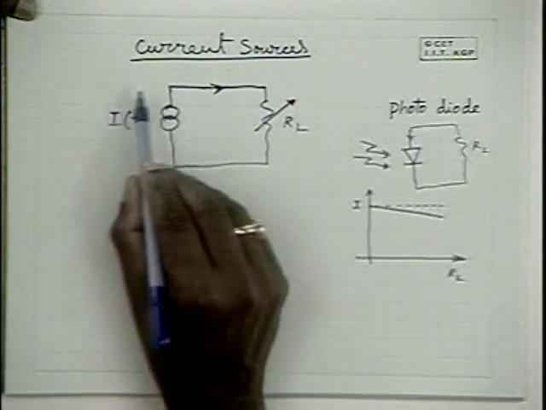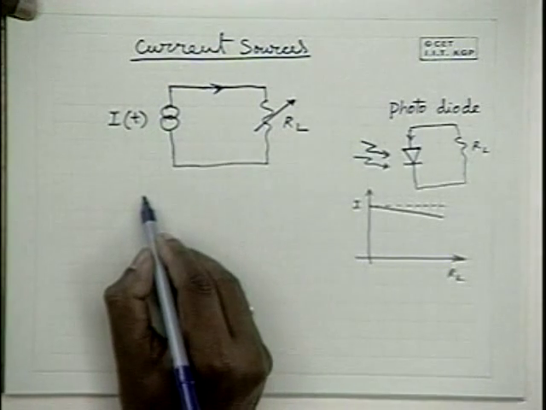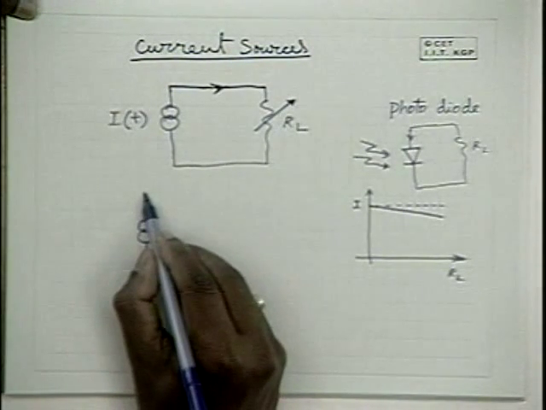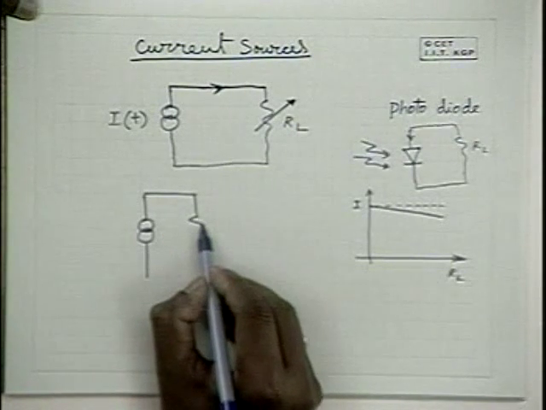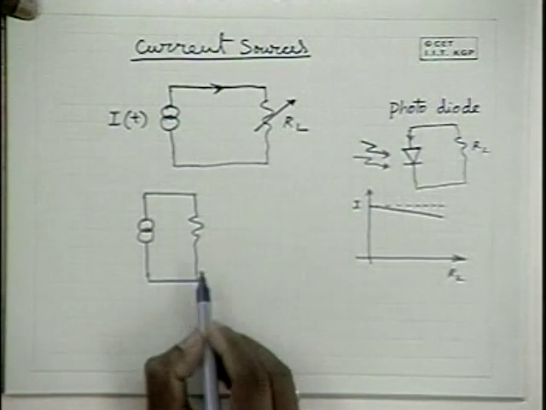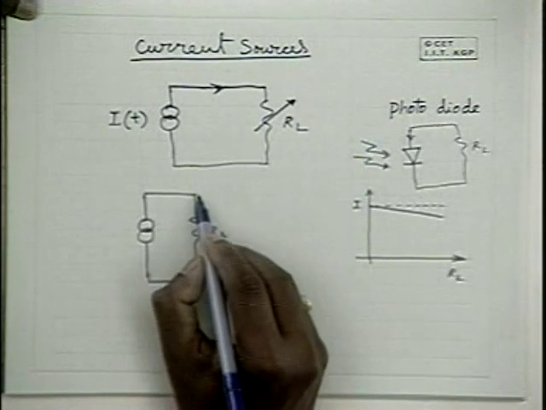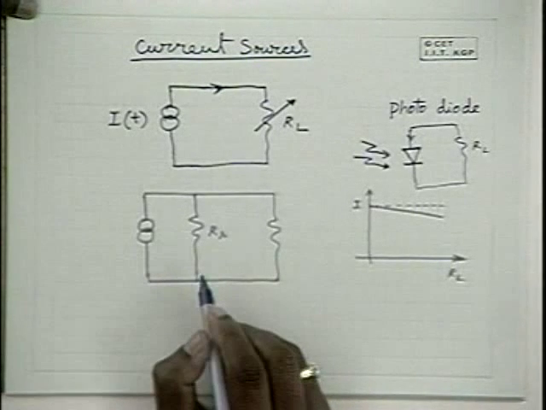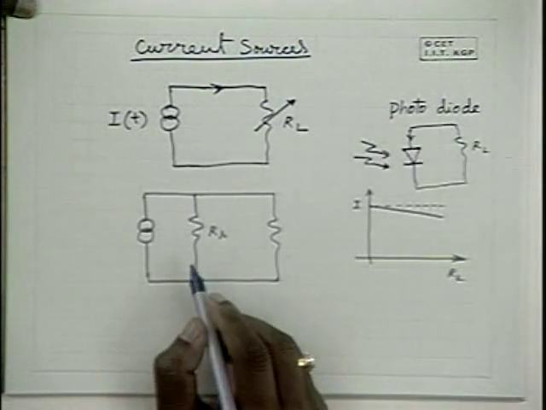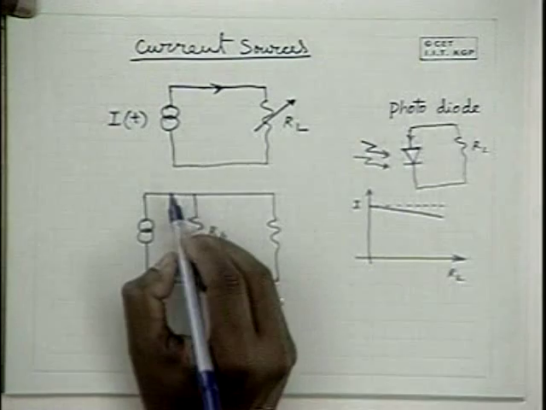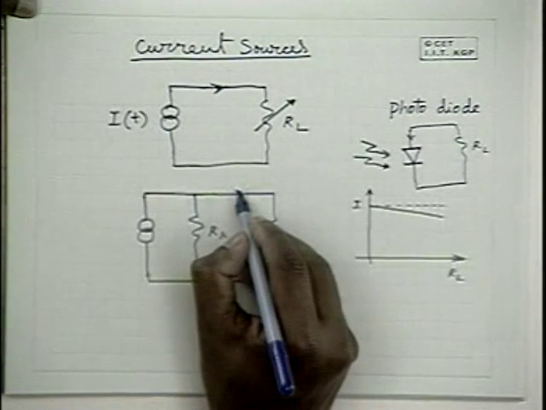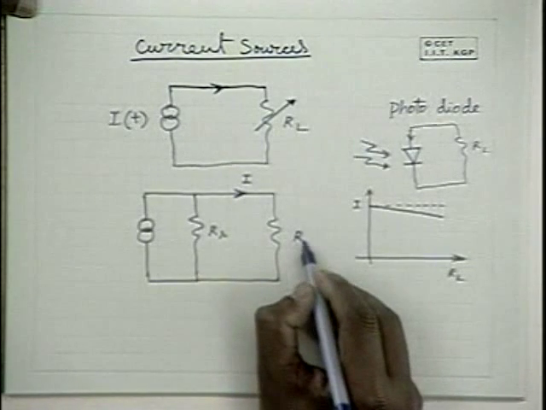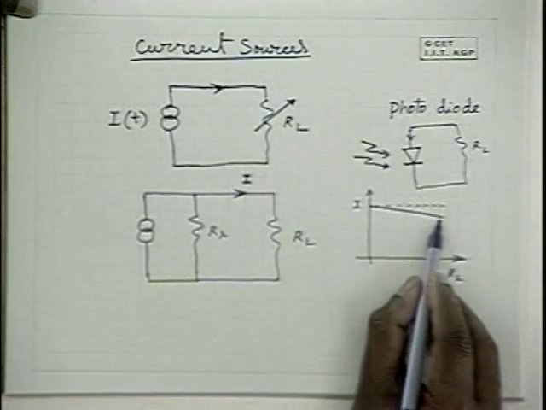Hence, such practical current sources can be represented by an ideal current source in parallel with a large source resistance. So please note the current characteristics here. The current I drops with RL in this fashion.